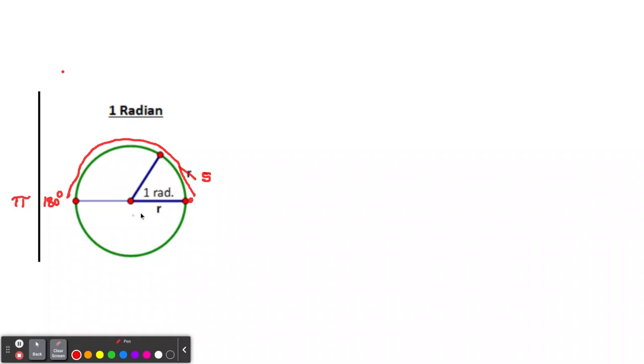Something to remember: if halfway is pi radians, then a complete circle, which we know is 360 degrees, would be 2 pi radians. So pi radians is half the circle, and 2 pi is the full circle.